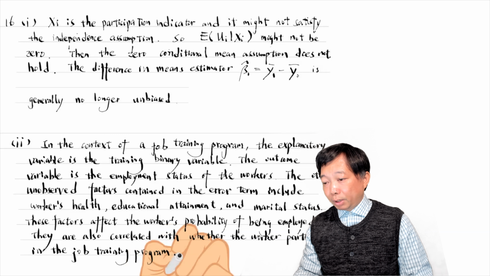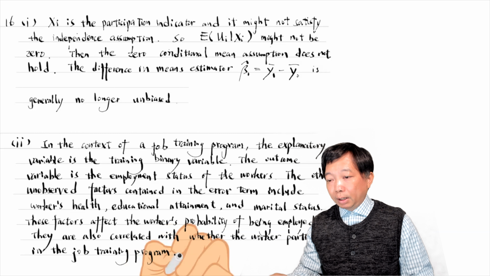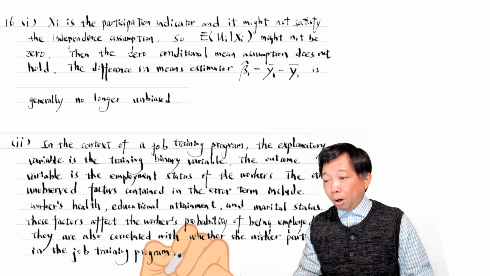A better educated person is also more likely to find a job. If this is the case, educational attainment is positively related to both the outcome variable and the explanatory variable. Therefore, it leads to an upward bias of the OLS estimate for the training effect on employment.